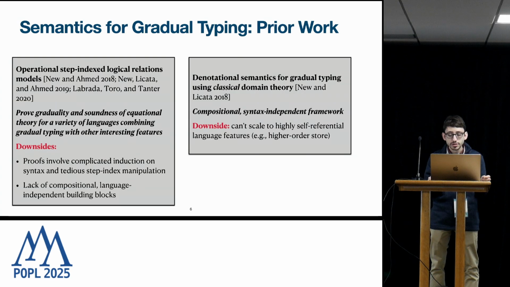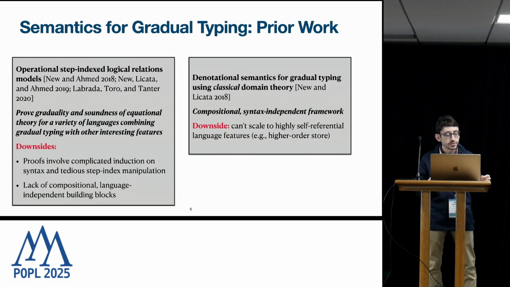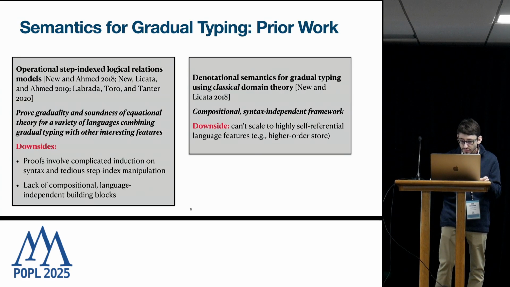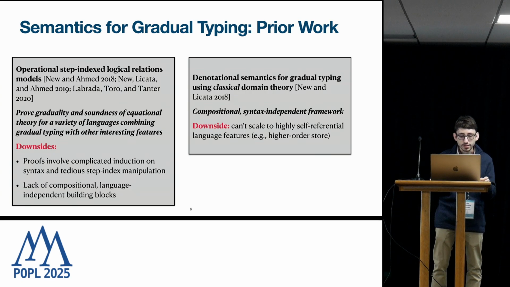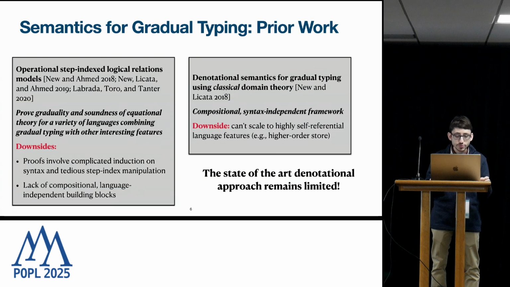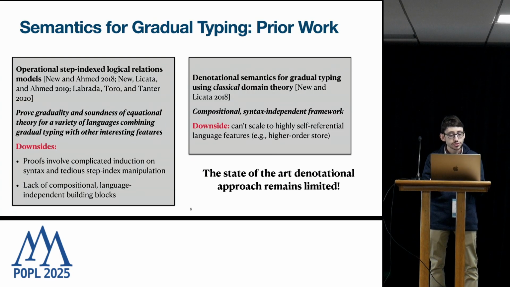In particular, because it's based on classical domain theory, it's incapable of scaling to handle languages with highly self-recursive features, such as higher order store. And these features are commonplace in real-world languages, so we would want to be able to model them. So in other words, up to this point, the denotational approach to gradual typing, while it is compositional, it's been limited by what it can express.